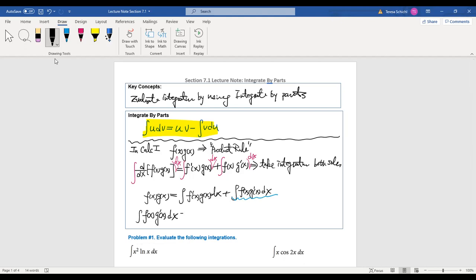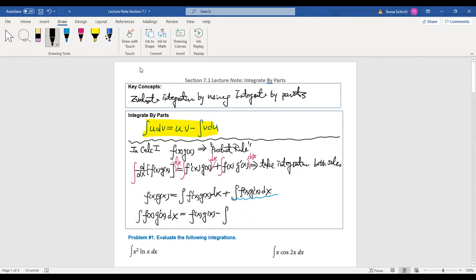Then you move this term to the left-hand side, it will be f of x g x minus the integration of f prime x g x dx, right? Okay, so over in here, I can write this one, maybe I can write better.